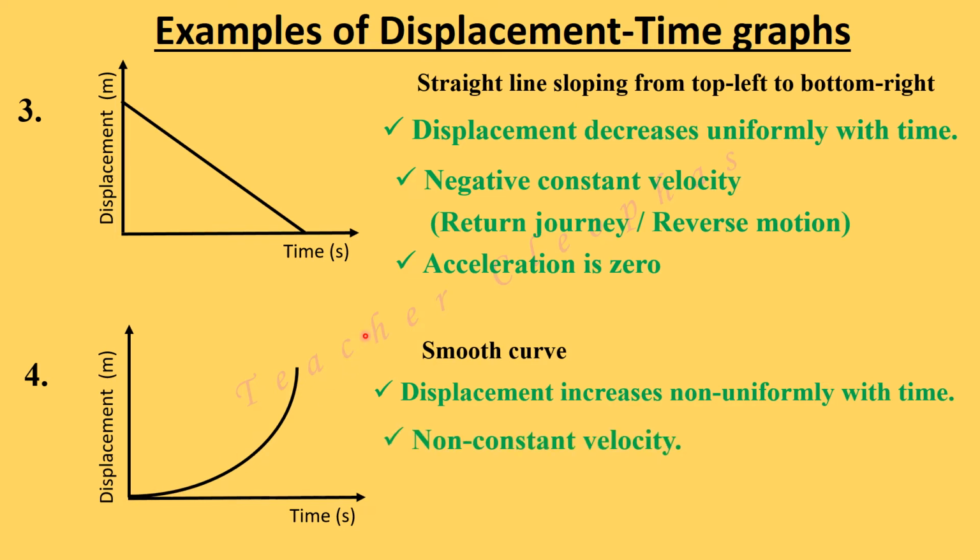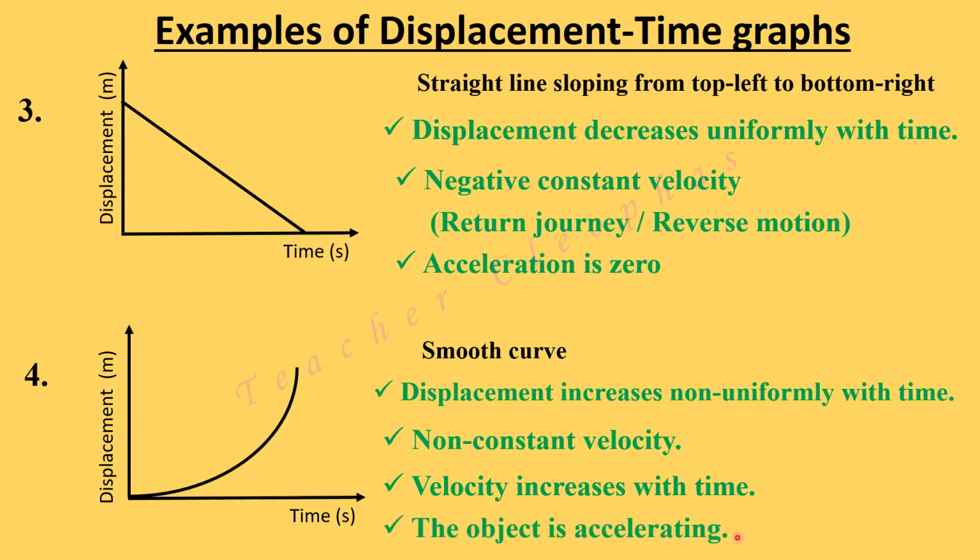Then it shows a non-constant velocity. This non-constant velocity is actually a velocity that is increasing with time. So when velocity is increasing with time, we say that the object is accelerating.